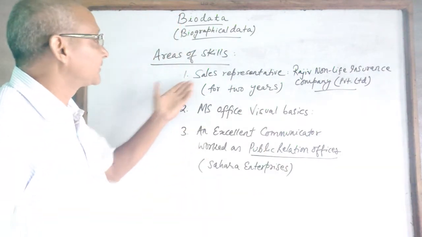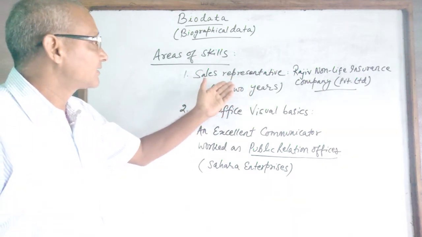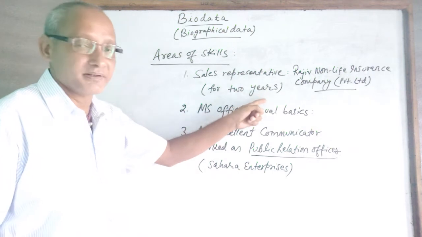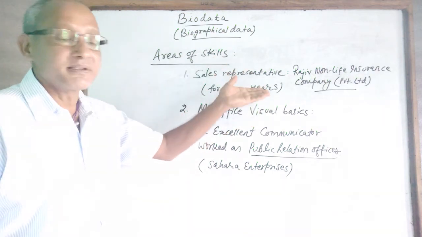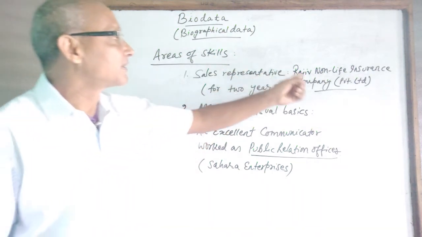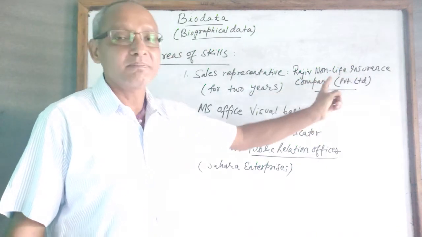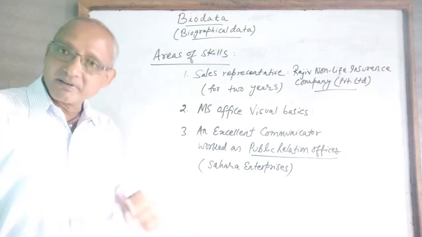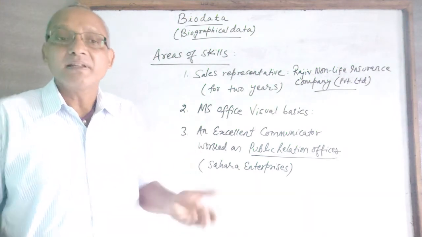For example, you could write that you were a sales representative and worked for 2 years. And where was it that you worked? In Rajiv Non-Life Insurance Company Private Limited. You could mention this. A person has many skills inside him.